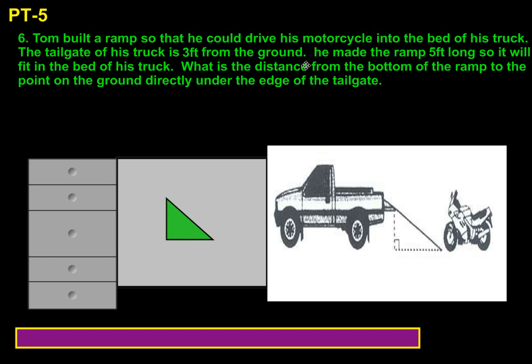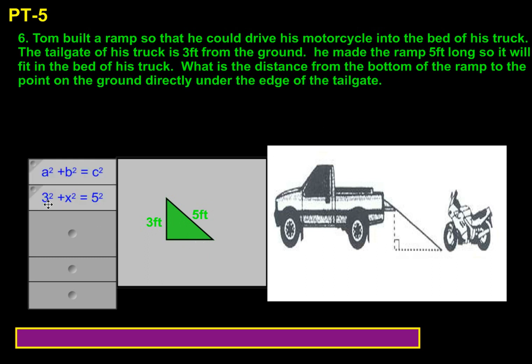So the first measurement we have is that the tailgate of the truck is 3 feet from the ground. That would be this measurement right here. So we'll call that 3 feet. And the ramp is 5 feet long. So that would be this right here because this is the ramp. So once again we have the hypotenuse and one leg and we're looking for the other leg. So we plug them in.